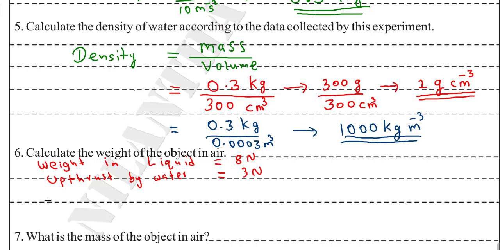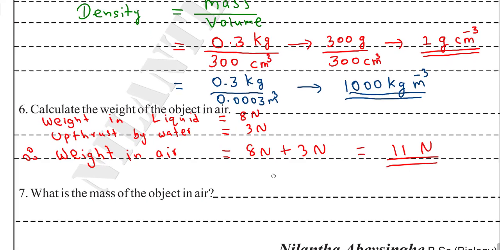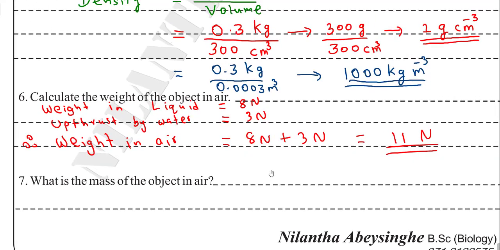In air, no upthrust. Therefore, weight in air equals 8 Newton plus 3 Newton equals 11 Newton. Okay. You have to mark like that also.